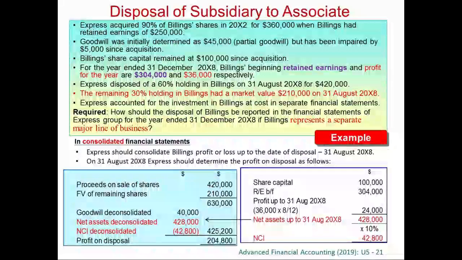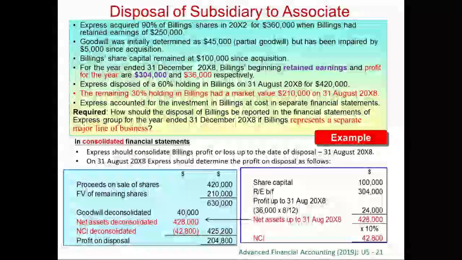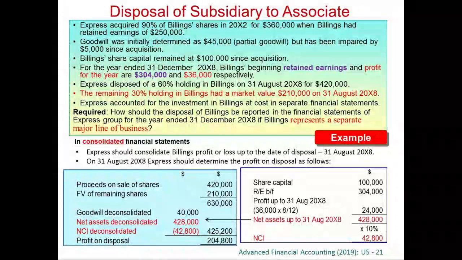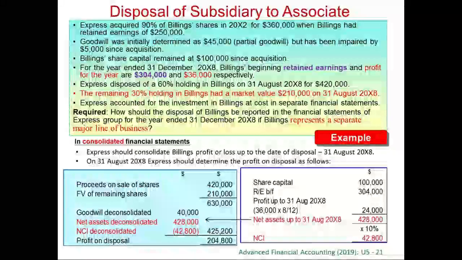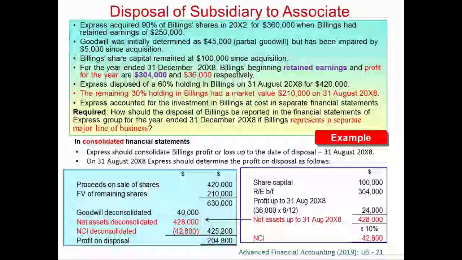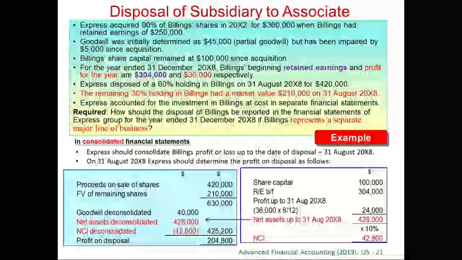So the share capital is 100,000. Retained earning at the beginning of the current year is 304,000. Because the question says that the beginning retained earnings, 304,000. This is the figure on 1st of January. So on 1st of January, 304,000.